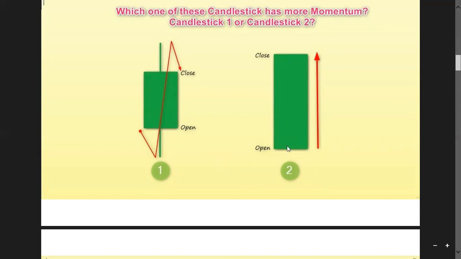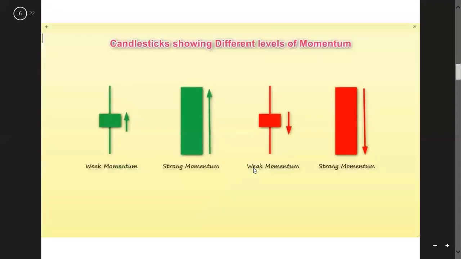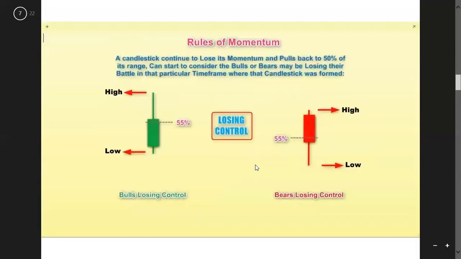It means these buyers are very strong. So in these two candles, we can understand candle number one is weak and candle number two is strong. So here in this picture, we can understand the weak momentum and the strong momentum in the candles. So what is the concept behind that? How can we understand the momentum? We can understand the momentum when the trend is going in a direction, in a speed, in a movement.